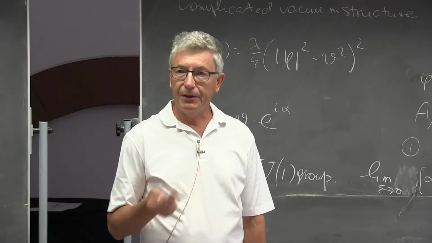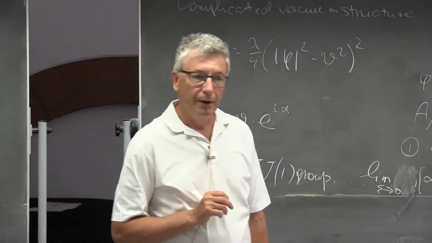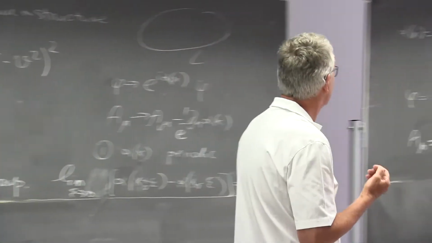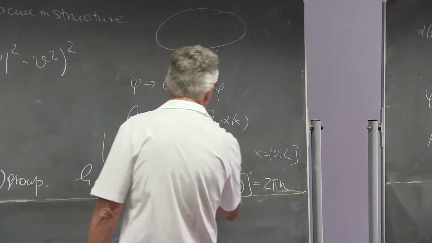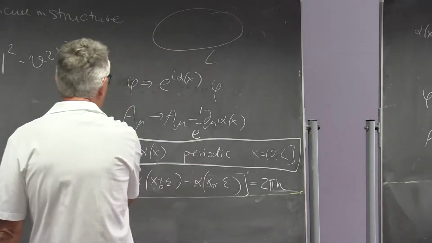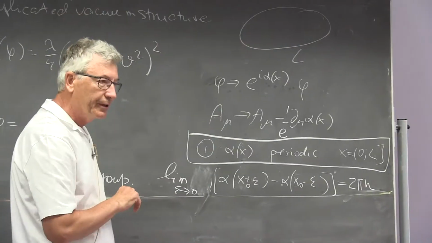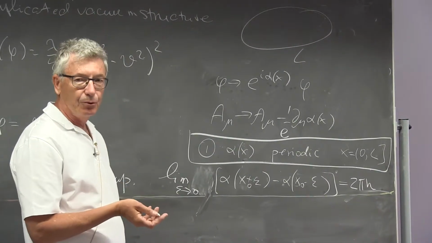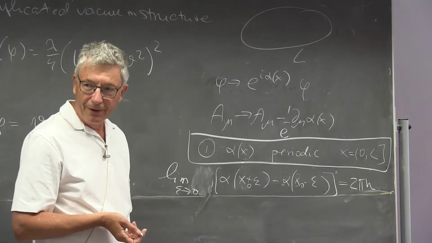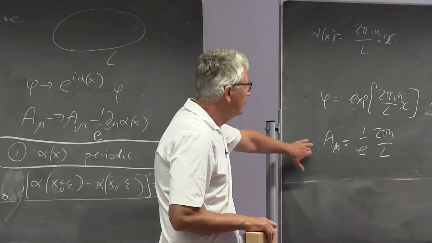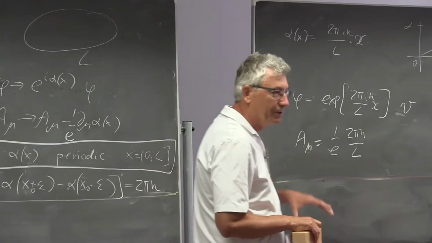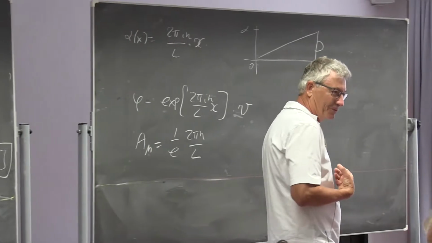Okay? But this should be done in a minimal way, and it's done in the following way: the configurations for which alpha(x) is periodic are declared to be physically equivalent, whereas the configurations which correspond to different topology are different physical configurations.